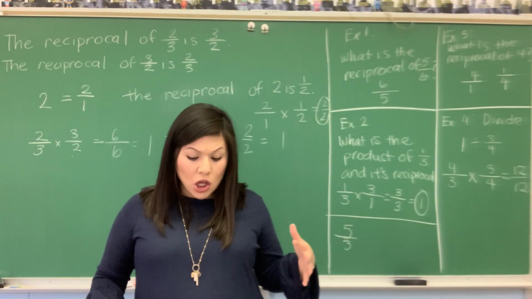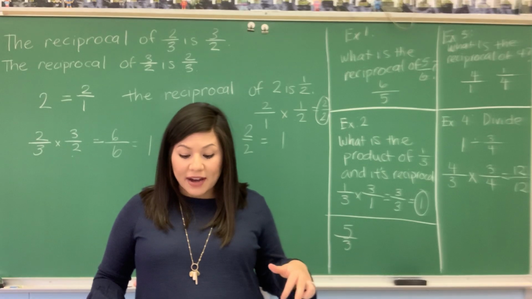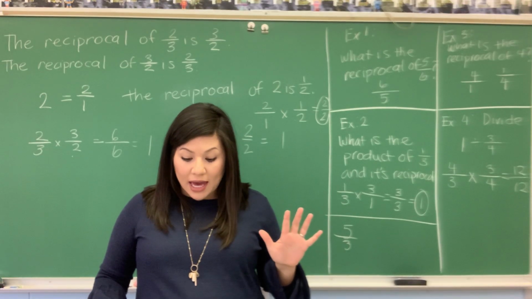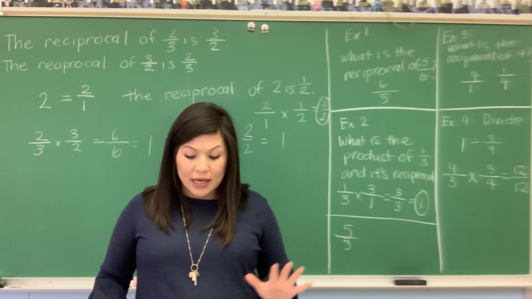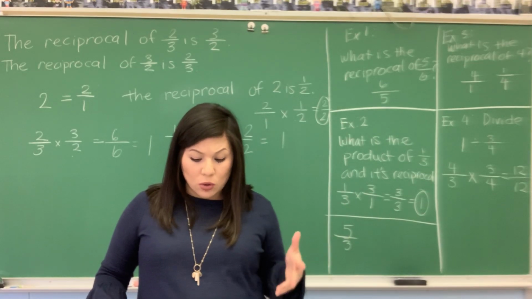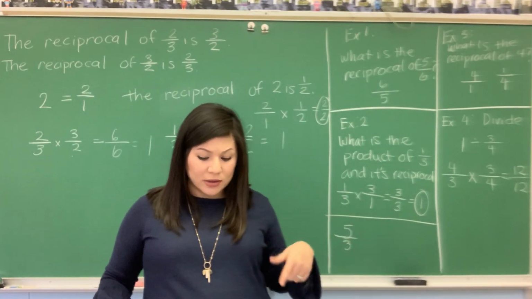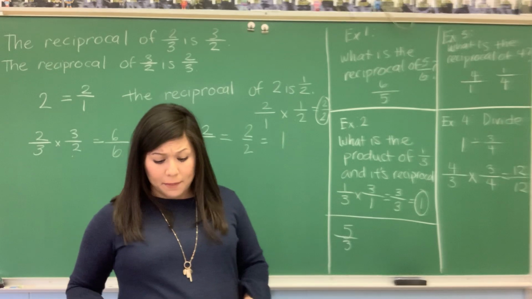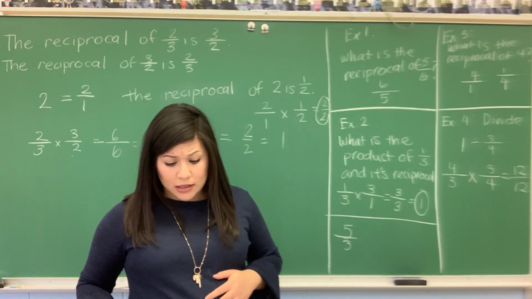Let's divide 1, letter N. Look with me at letter N. 1 divided by 4/5. Again, all you have to do there is multiply the reciprocal times the reciprocal. Let's see here.